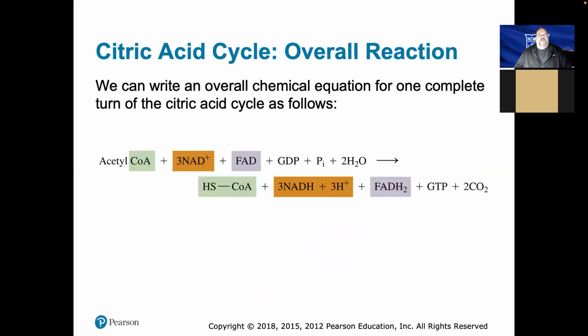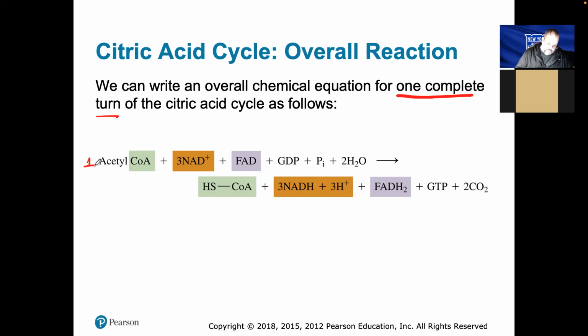So, the overall reaction. All right, so this is the important part. We can write an overall chemical reaction for one complete turn of the citric acid cycle as follows.